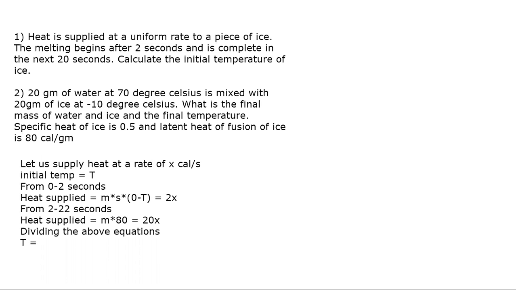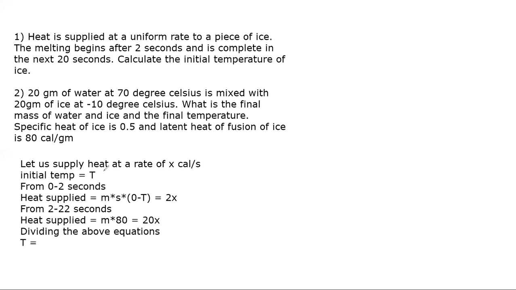So that amount of heat is mass of the ice into its specific heat into the final temperature 0 minus the initial temperature T which we have taken, and that is equal to 2x, since heat was supplied at the rate of x calories per second and for 2 seconds, so 2 into x.